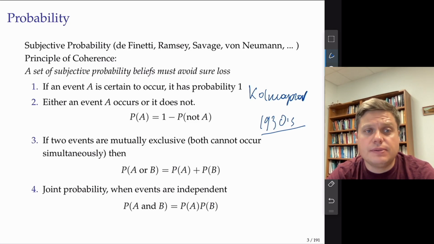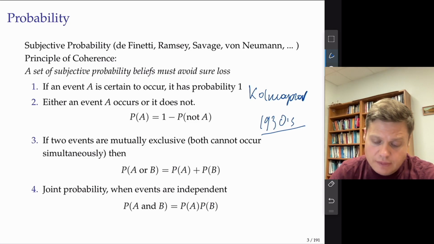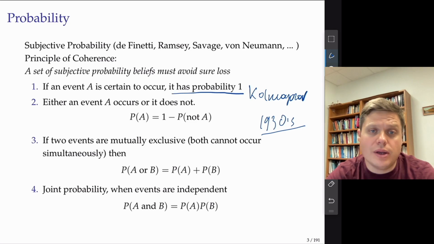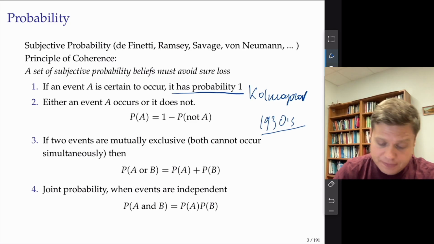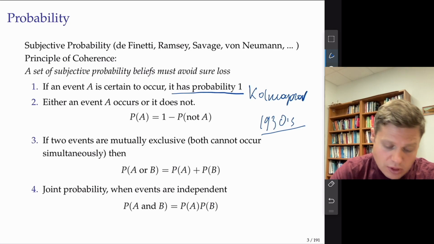They are relatively simple. If event A is certain to occur, if we are sure about it, then we say it will happen with probability 1. Event A either occurs or does not occur, and so the probabilities of those two have to sum up to 1.